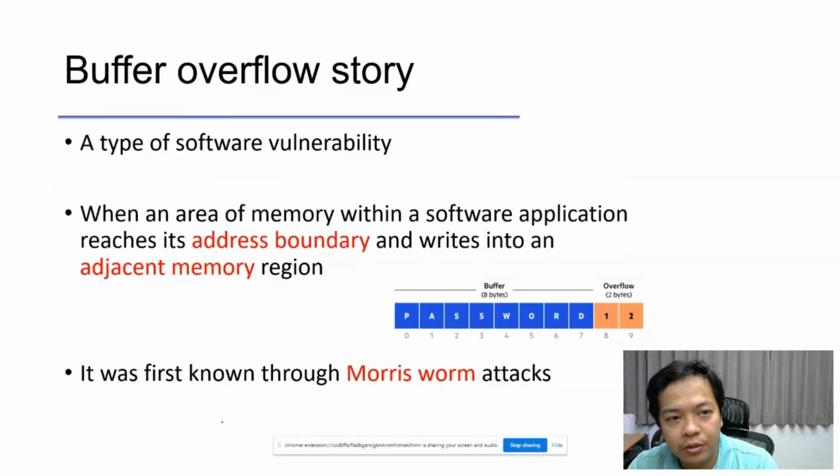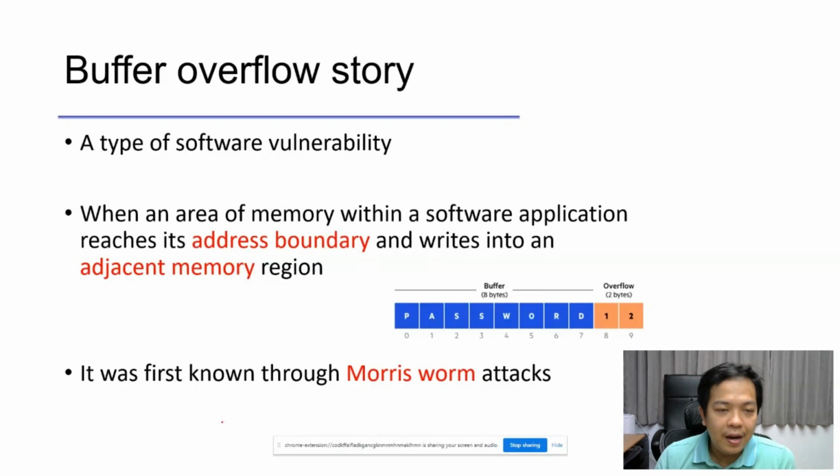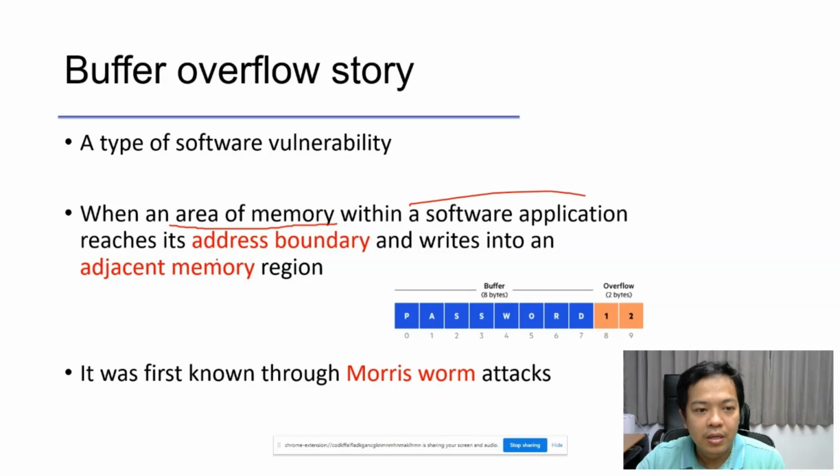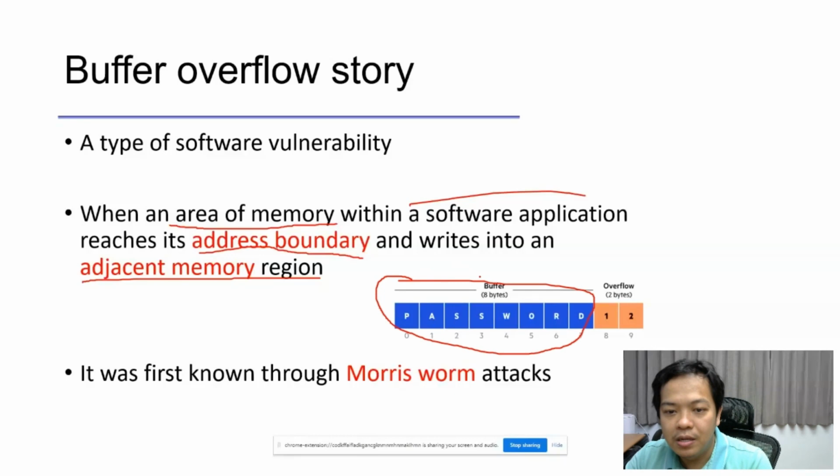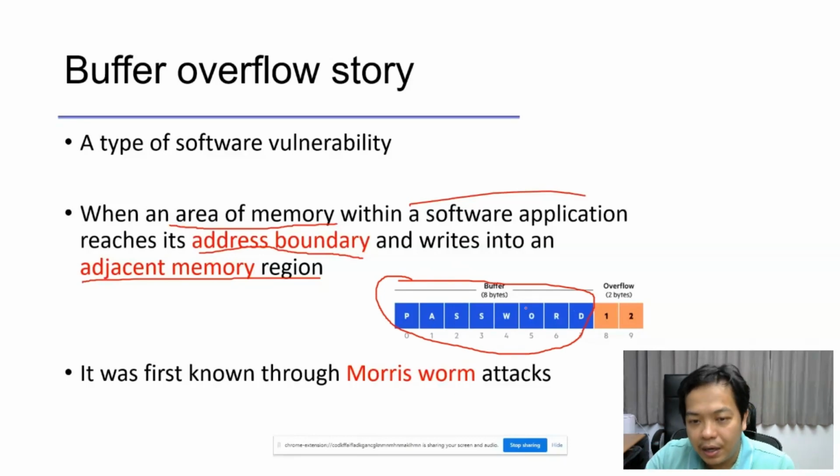Now the official definition. A buffer overflow is a type of software vulnerability that occurs when an area of memory within a software application reaches its address boundary and tries to write into an adjacent memory region. In this picture, originally you only have a password and you only allocate 8 bytes to the buffer.